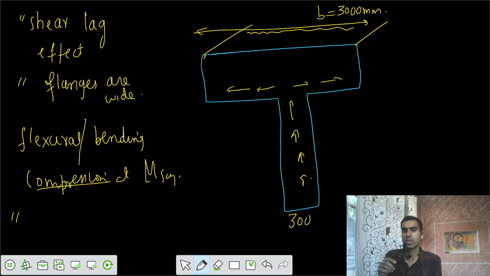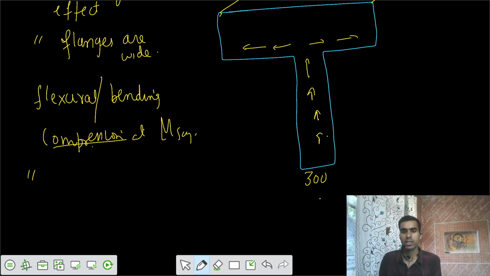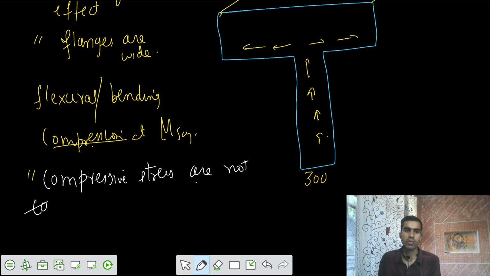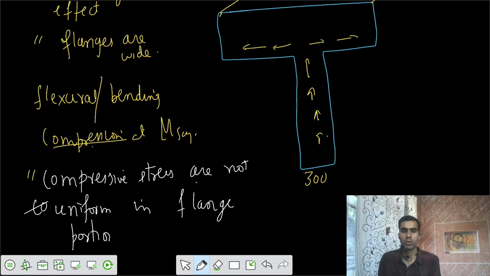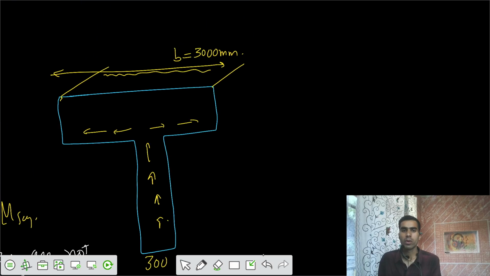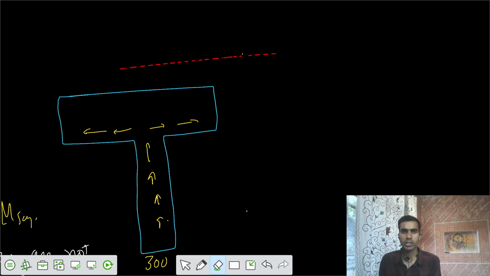There should be compressive stresses developed in the section, but the compressive stresses developed are not constant or uniform in the flange portion. Your flange is not developing uniform bending stresses.